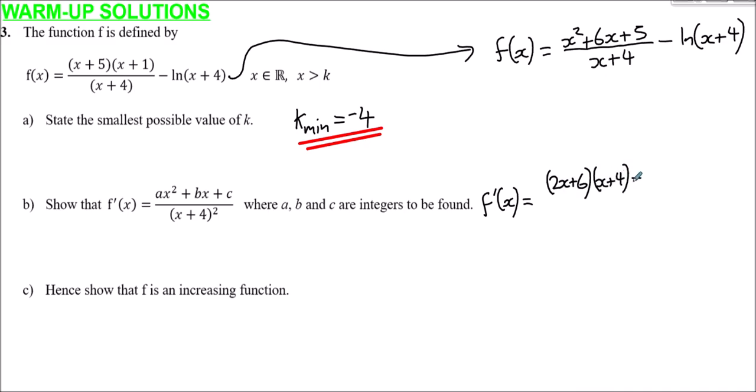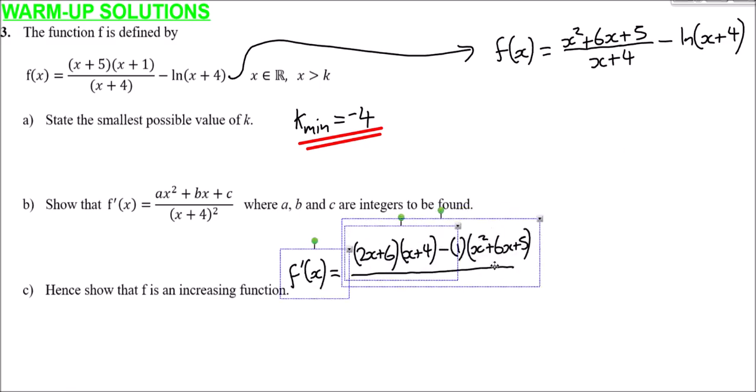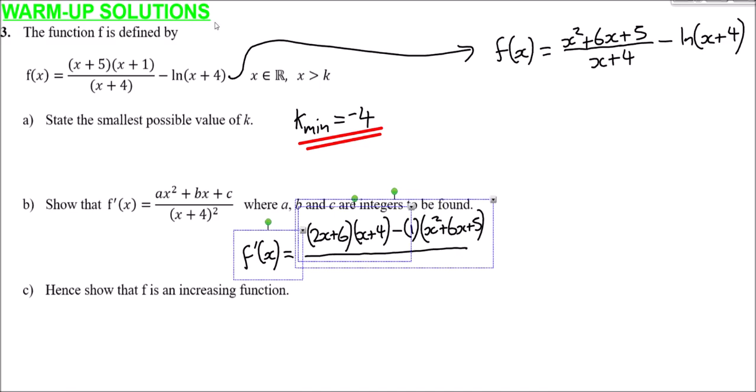Then I subtract away from that the derivative of the denominator multiplied by the numerator. So derivative of x plus 4 is just 1. Leave the numerator as is. It goes to x squared plus 6x plus 5. All over, this time, v squared. I'm running out of space again. I don't know why I do this to myself. So all of that is going to be over v squared, which is x plus 4 all squared.